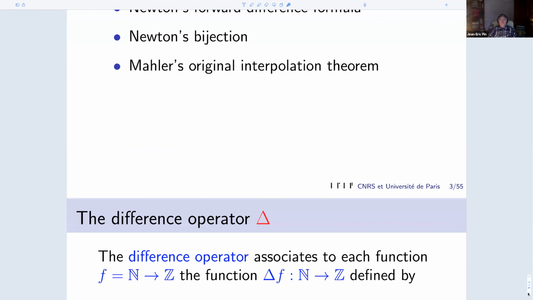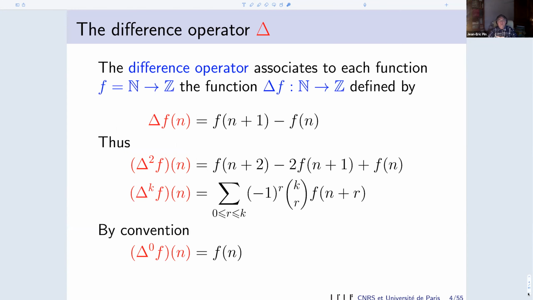So the difference operator is a very simple thing. You start, as I said before, with a function from N to Z. And the function delta f is simply defined by delta f of n is f of n plus 1 minus f of n. And you can iterate this difference operator, of course.